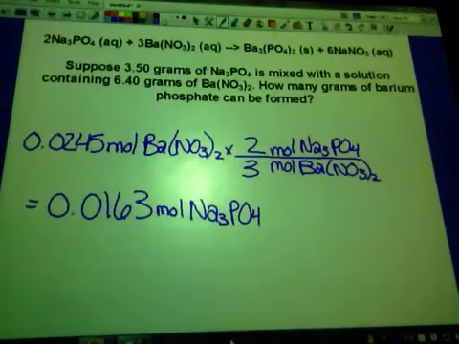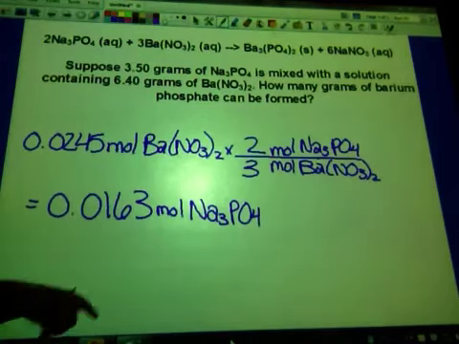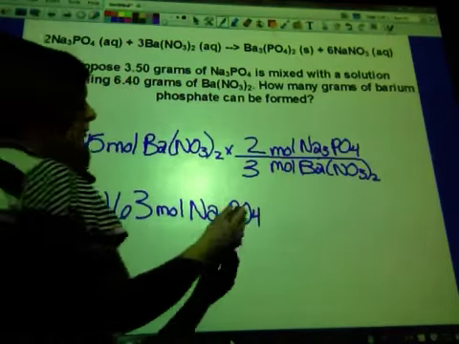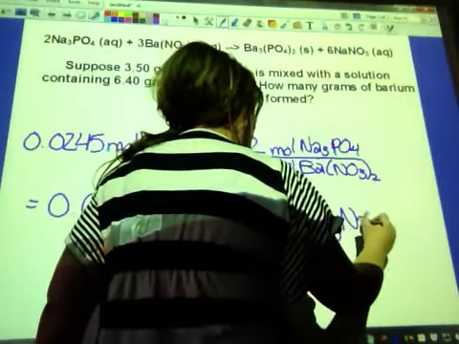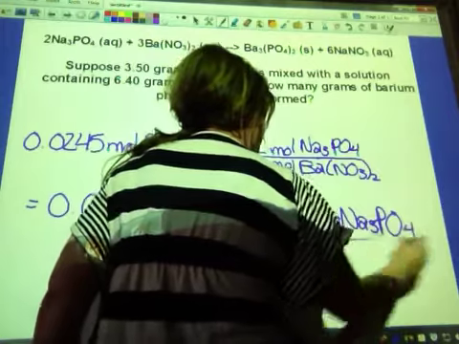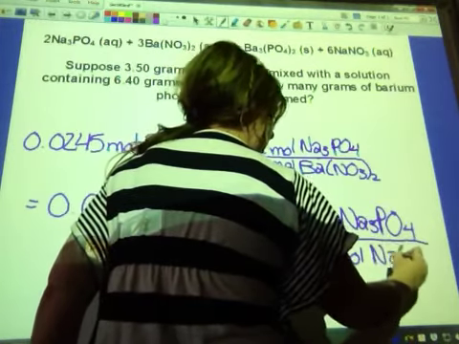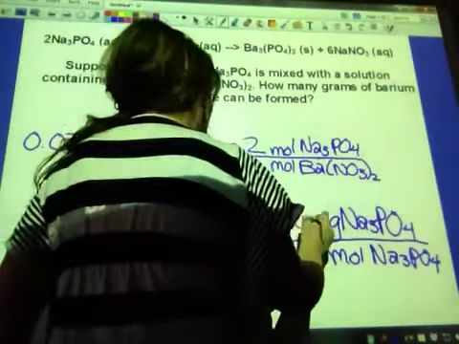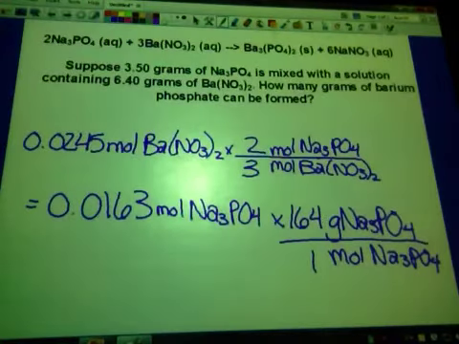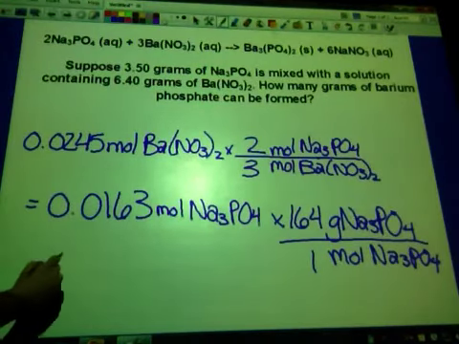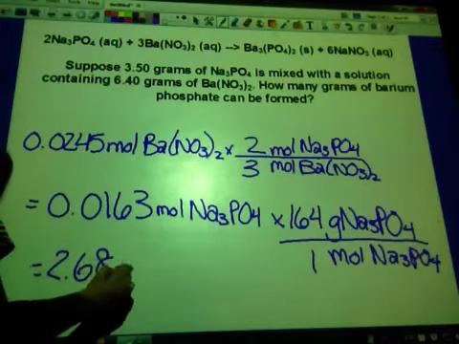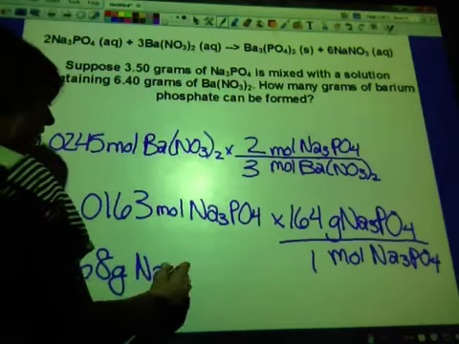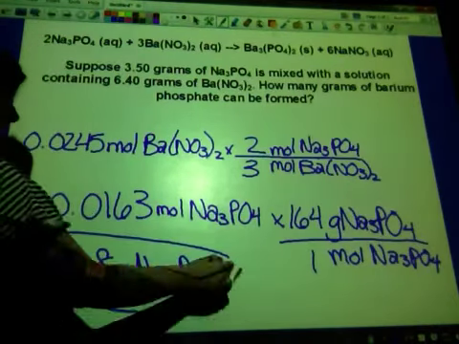But again, I want to know not how many moles of sodium phosphate I'm going to need. I want to know how many grams of sodium phosphate are actually going to be reacting in this. So I can go from moles to grams by using molar mass. And grams would be 164. So if I take 0.0163 times 164, I will end up getting 2.68 grams of sodium phosphate used in the reaction.